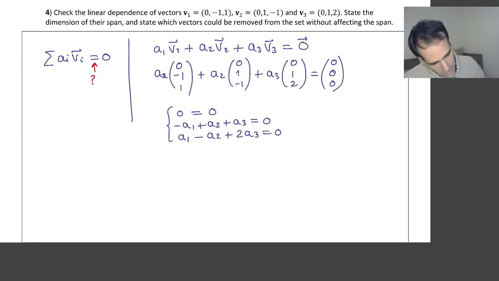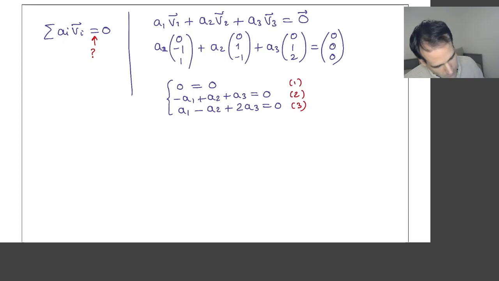Okay, so we have these three equations. We could call them 1, 2, and 3, right? Obviously the first equation is not giving us any information, but we can still solve for the other two. So for example, we can do equation 2 plus equation 3. And what do we get?